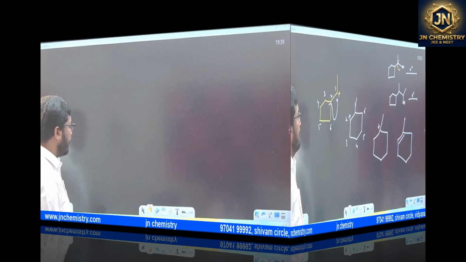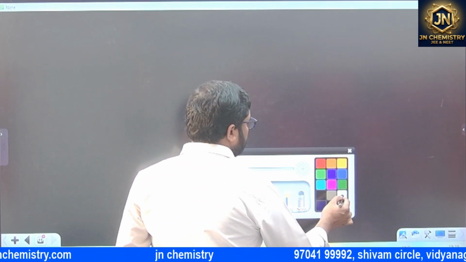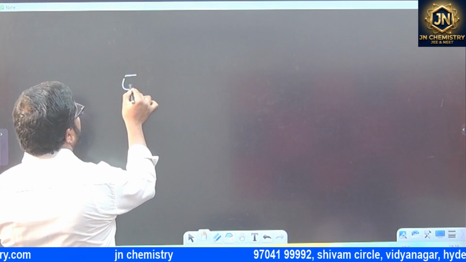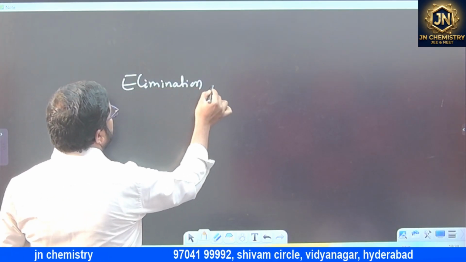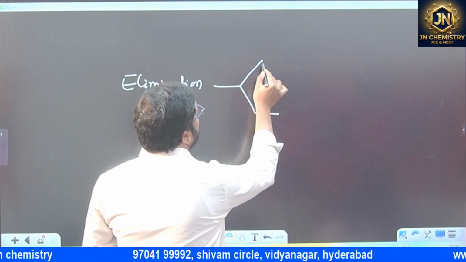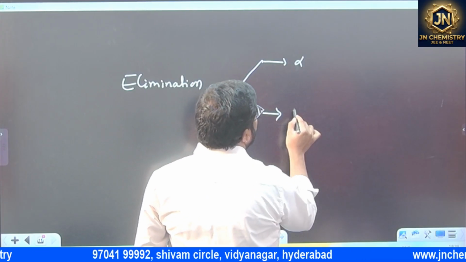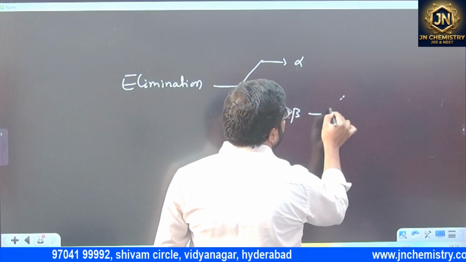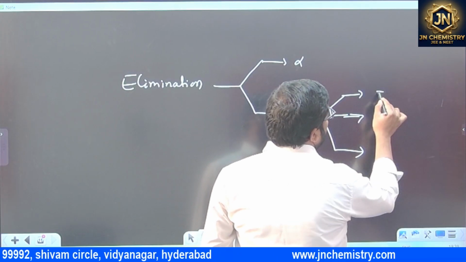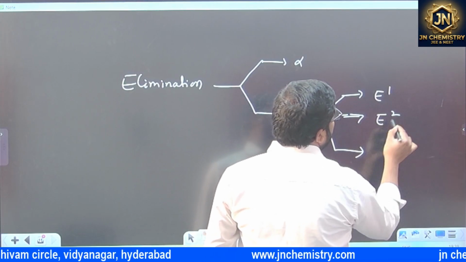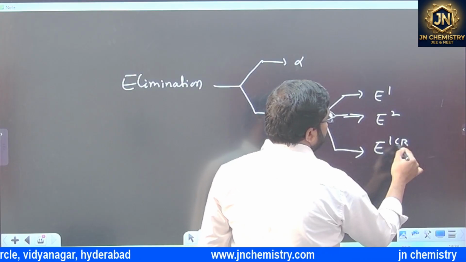Write it down. Next, elimination reactions, I already told you. Elimination reactions are of two types: alpha elimination and beta elimination. Beta elimination, once again, I told you, has 3 types: E1, E2, E1CB.